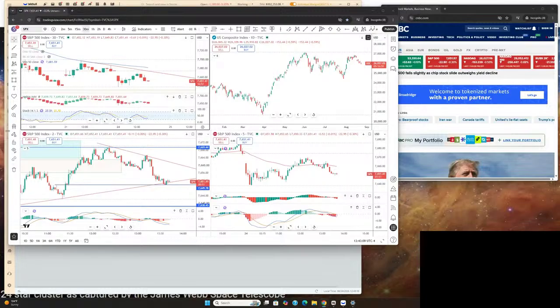Like I said, the move will be super slow, sideways mostly, and towards down.